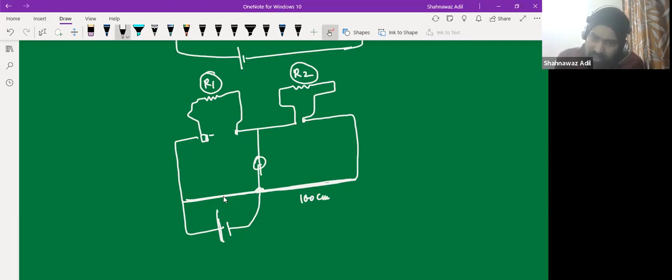Then you place this jockey on this 100 centimeter wire, and at some point the galvanometer will show zero deflection. That would be the null point. You note down the null point. Let's say the null point is at this L.